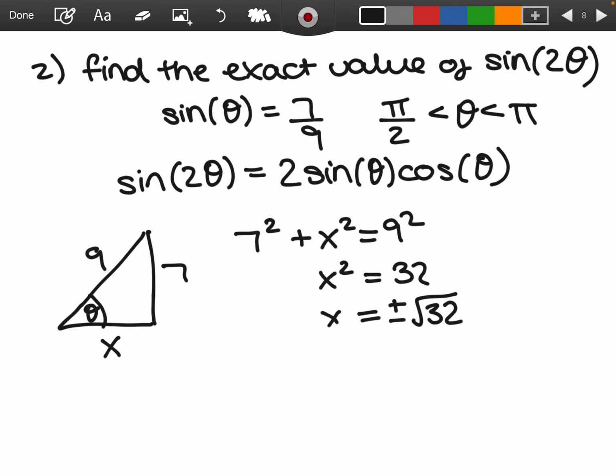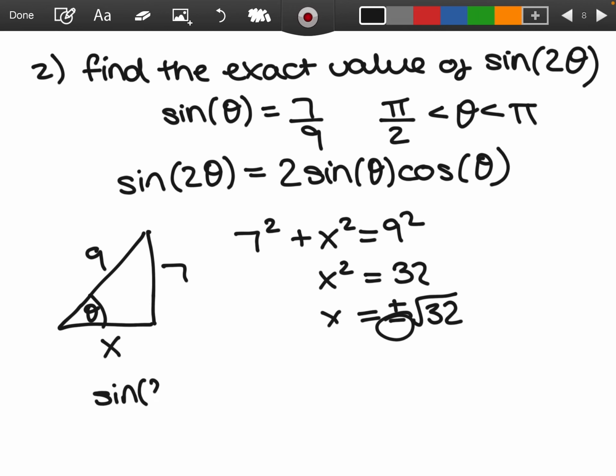Is it positive or negative? Well, we know that theta lands in quadrant 2. Cosine of any angle in quadrant 2 is negative because the x-coordinate of the terminal side of the angle is going to be negative. So I know I am looking at negative the square root of 32.